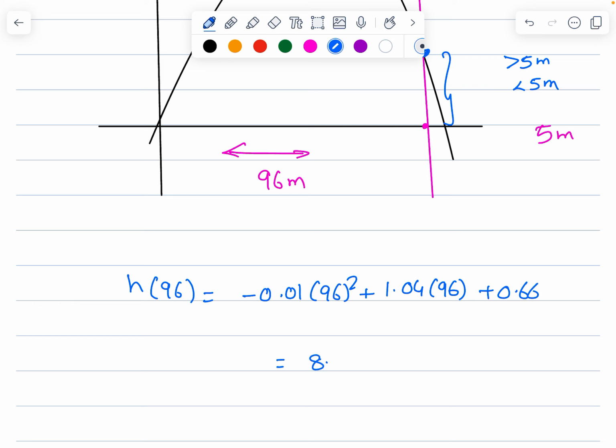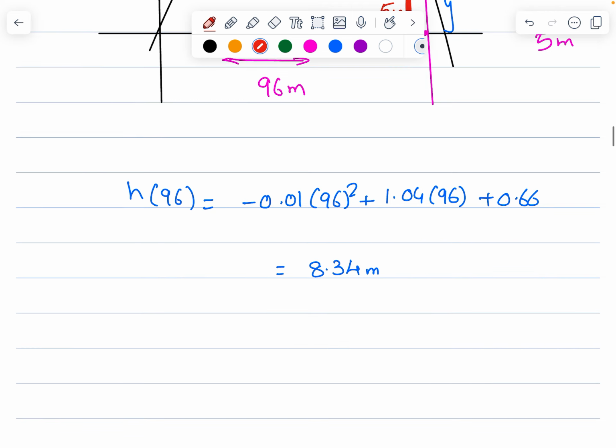It becomes 8.34. So this distance is going to be 8.34 meters. But the height of the wall is only 5 meters. Therefore, 8.34 meters is greater than 5 meters. So the ball will go over the wall.